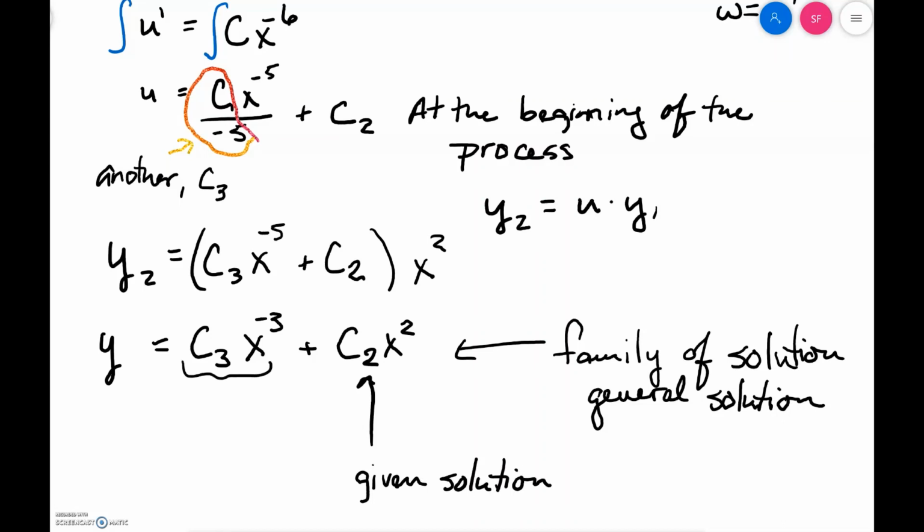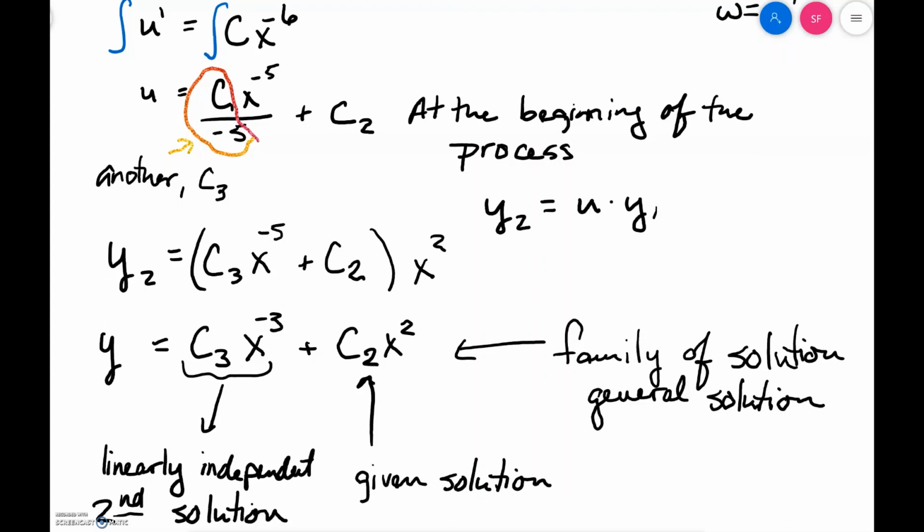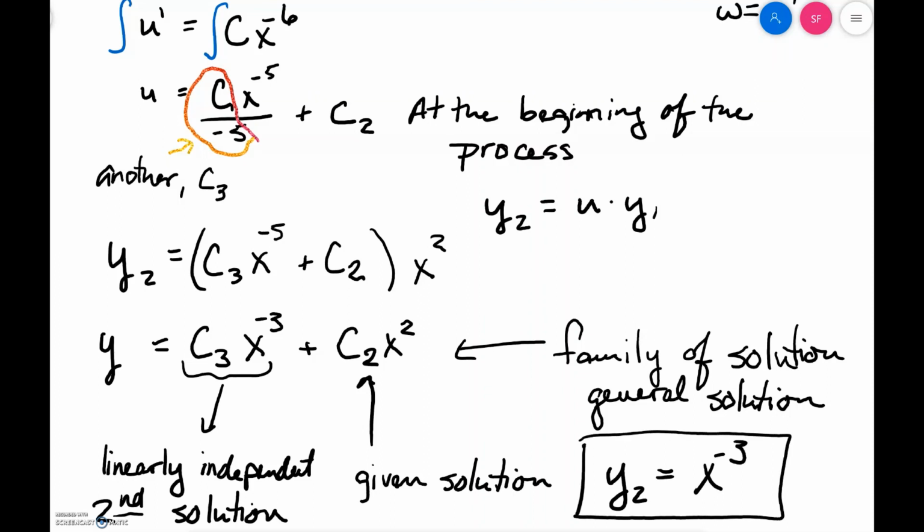And so that makes this one right here my linearly independent second solution. So y sub 2 is going to be x to the negative 3. Nice.